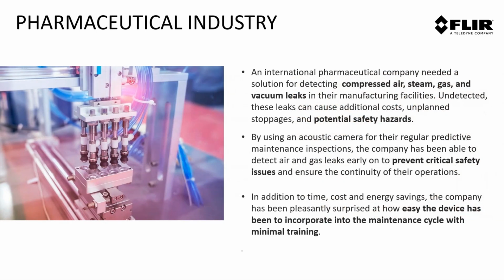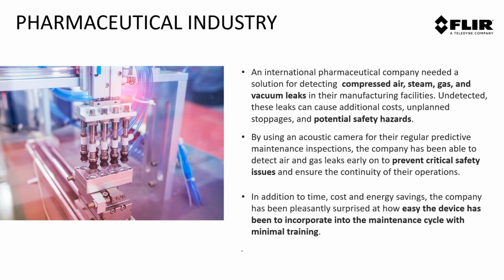On the pharmaceutical side, there are a lot of different types of gases that you're going to run into, a little bit more so than in some of the others. In food and beverage, you're definitely going to run into CO2. It's very common, and in some plastics manufacturing as well, but in the pharmaceutical space we're using compressed air, steam, and gas. We also have a lot of vacuum leak issues. If these things are not detected, it could cause additional cost and problems with the actual production of the drug.